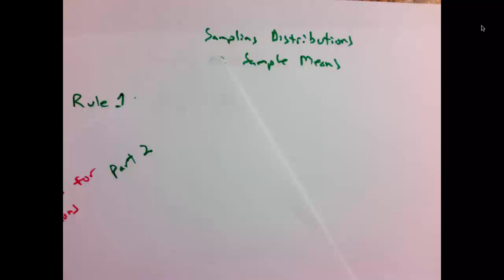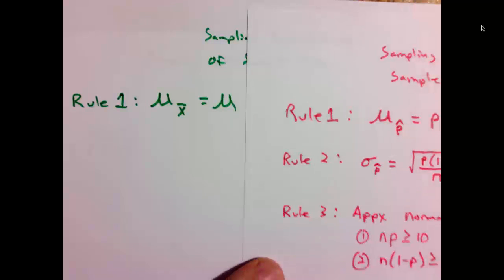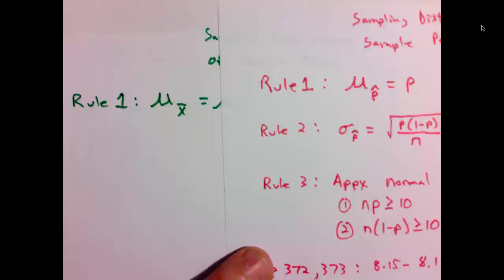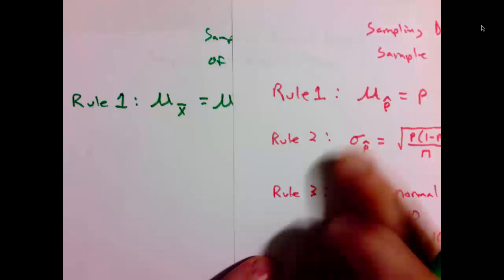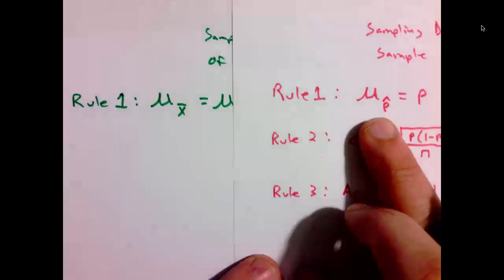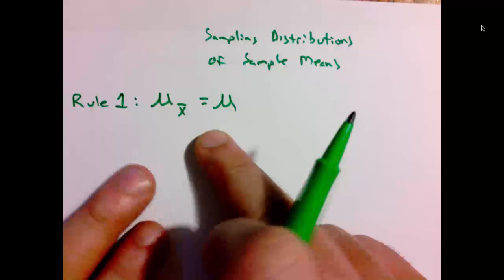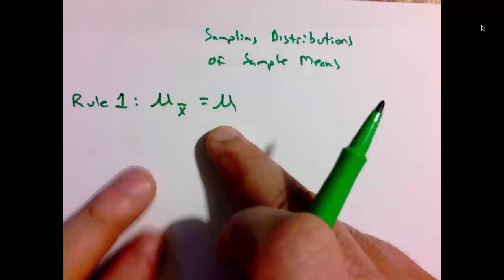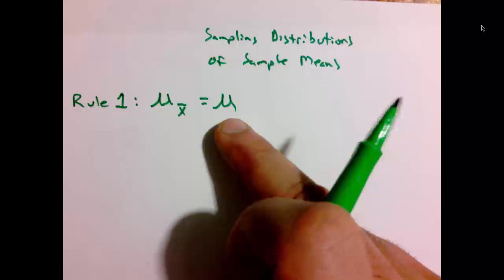With our proportions, we had that the mean of our p hats was going to be equal to p. Here, the mean of our x bars is going to be equal to our mean. We expect that as we take these samples, they should be centered on the true population parameter.